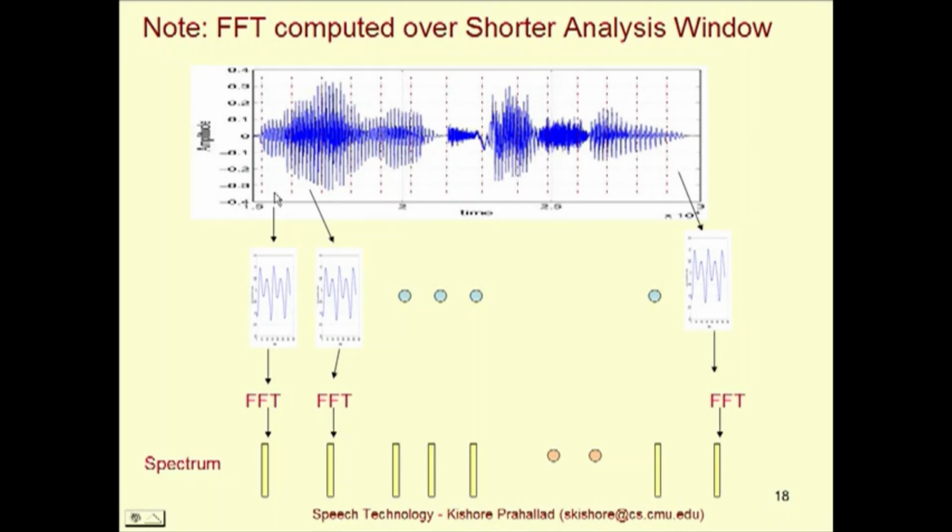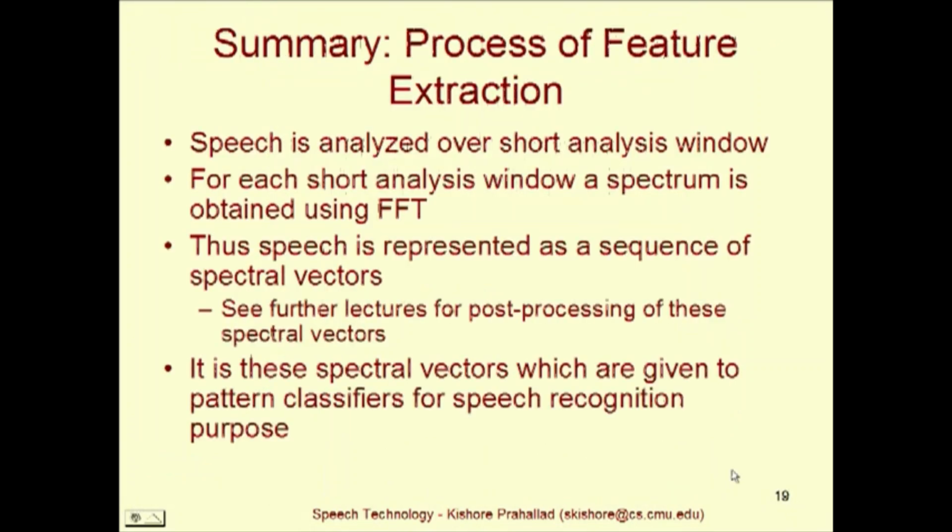That means we would use a shorter analysis window, and on each analysis window we would take the signal and then apply FFT and get the spectrum. Then we would proceed to the next analysis window, take the signal, apply FFT and get the spectrum. Similarly we'll proceed for all the analysis windows until we reach the last analysis window.